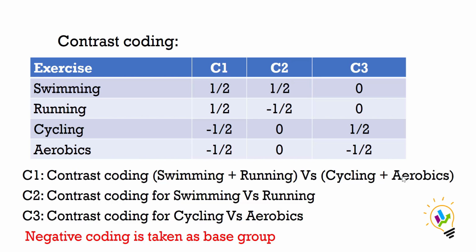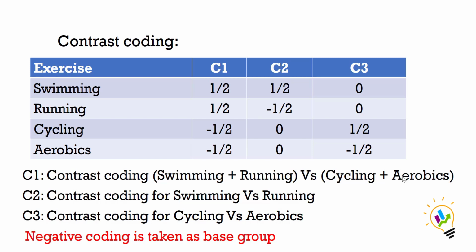In C1, the contrast is between swimming plus running versus cycling plus aerobics. In C2, we have swimming versus running. In C3, it is a contrast between cycling versus aerobics.